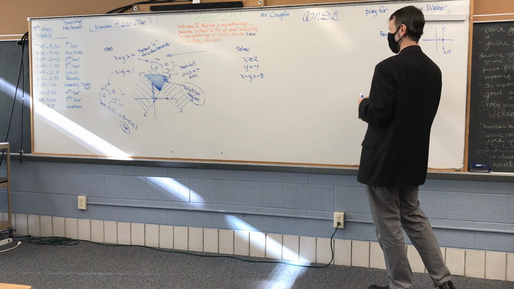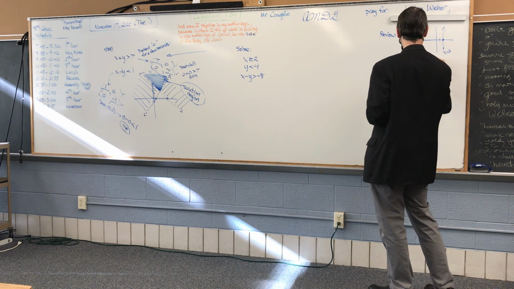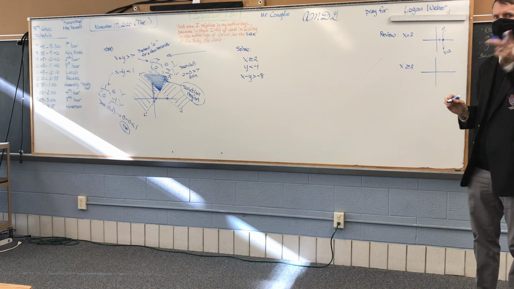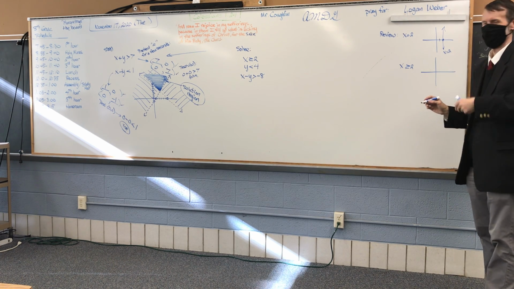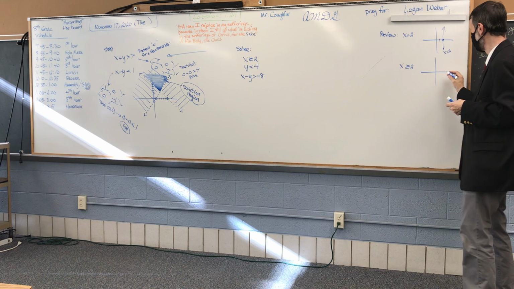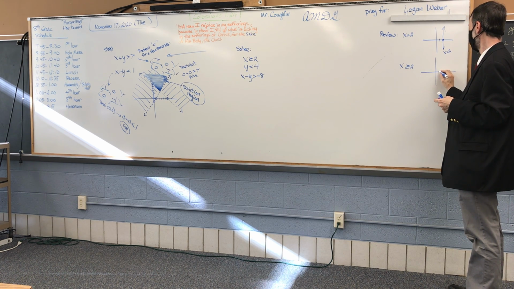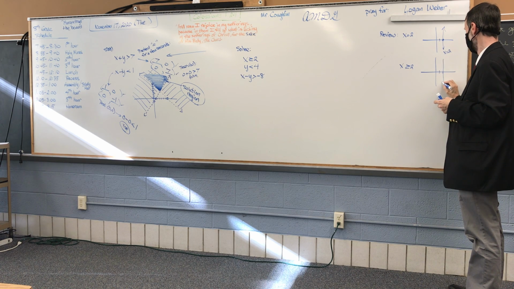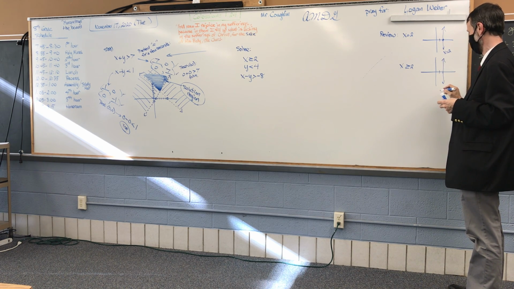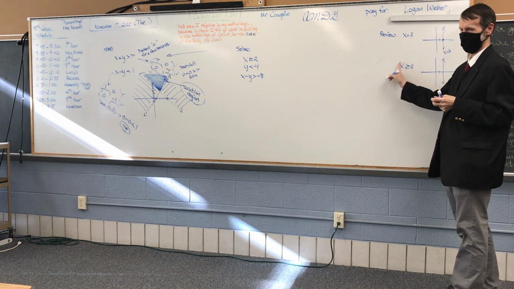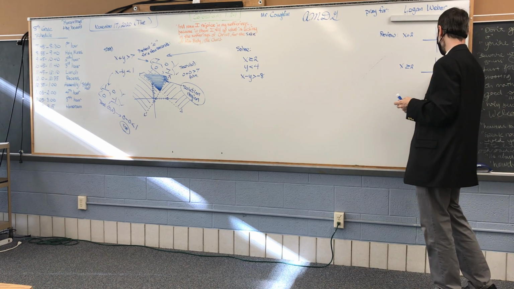So can somebody tell me the graph of x is greater than or equal to 2? Austin. You would shade to the right. Yeah, if you can eyeball which way it's going to shade, but you can also test a point.